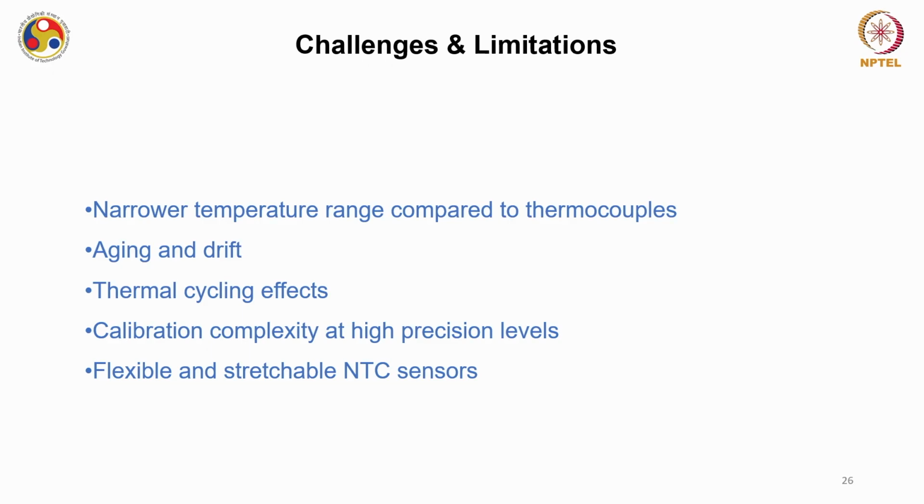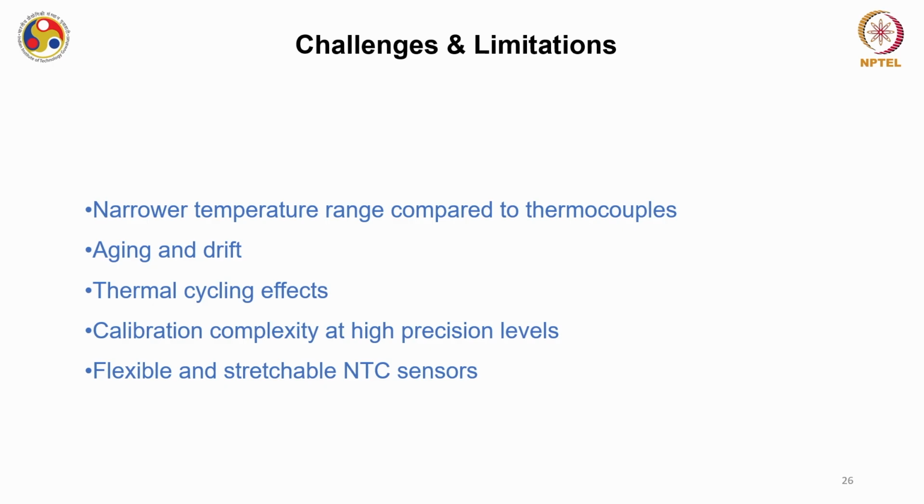Then there are different challenges and limitations associated with this NTC thermistor, particularly the silicon NTC thermistors. The important challenges are that it has a narrower temperature range when you compare it with some of its counterparts like thermocouples. Then aging and drifting is very common among these NTC thermistors, and it may have the effect of thermal cycling.